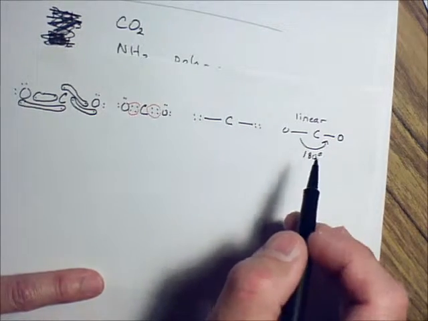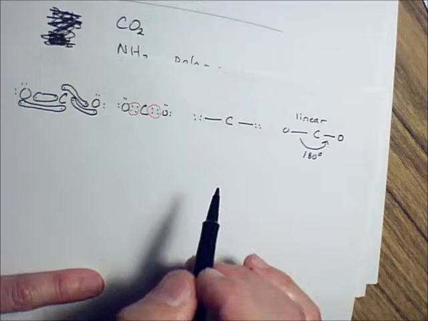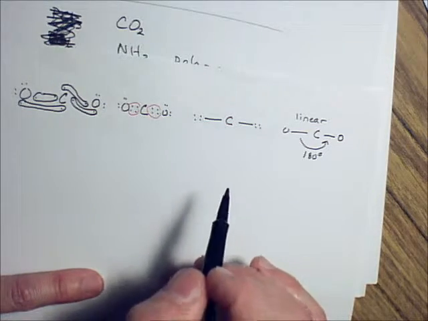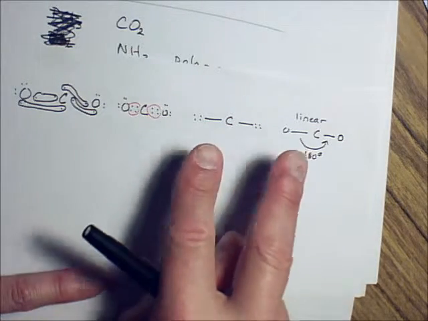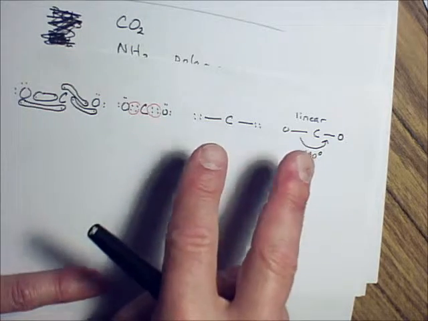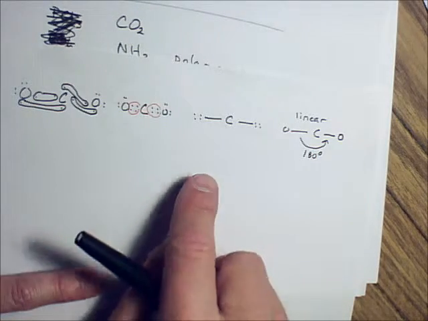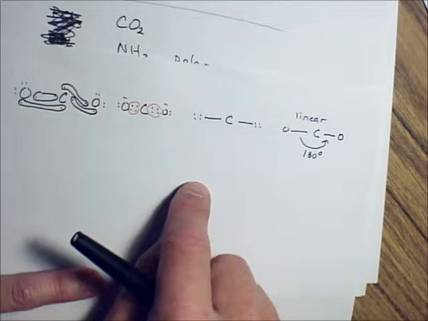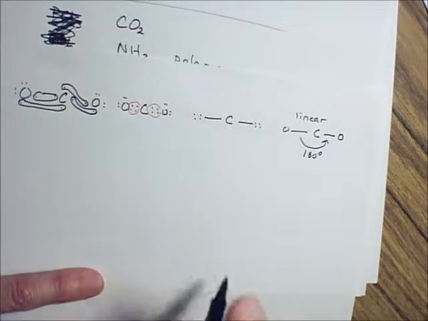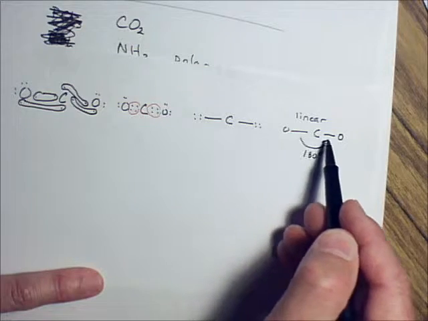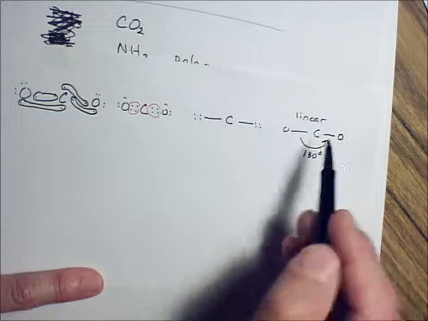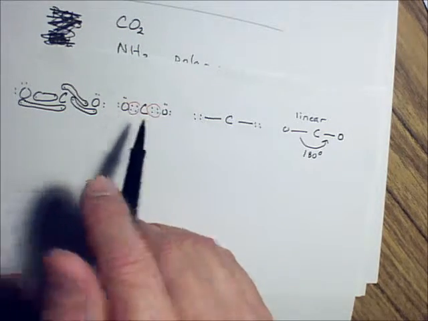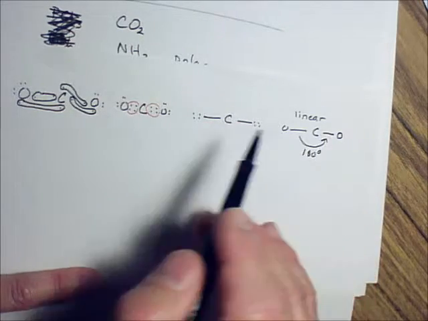Now, to get a polar molecule, you have to have 2 conditions, and you have to meet both of them. One of the conditions is that you have a polar bond. An uneven arrangement is the other. That's correct. But this is not uneven. This is an even arrangement.